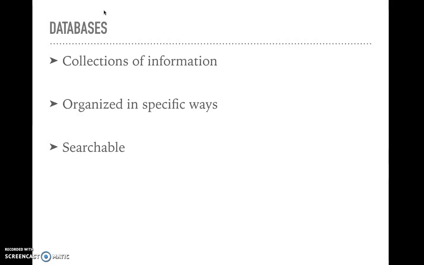A database essentially is a collection of information. And in our case, these are electronic records, right? The database is made up of information that is assembled so that it's organized in specific ways and it is searchable.